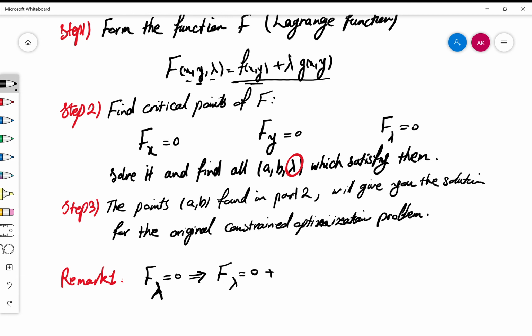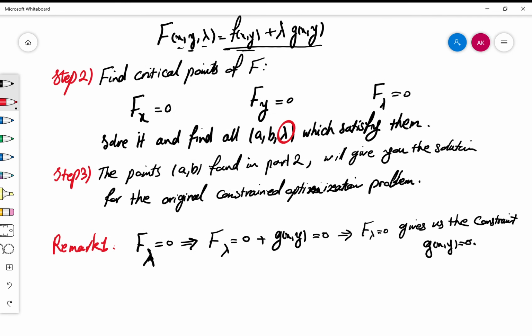So the derivative is g of x, y, and setting it equal to 0 gives us the constraint g of x, y equals 0. So this last equation is not going to be anything new; it is just g of x, y equal to 0.